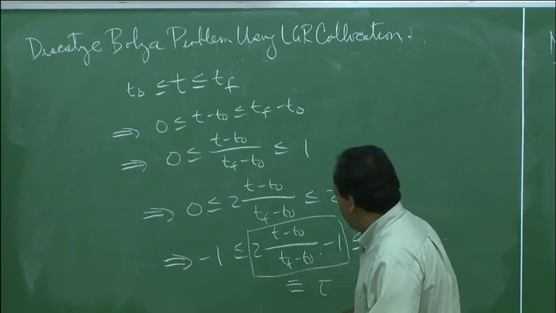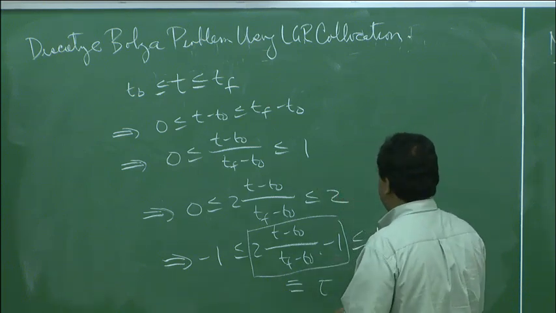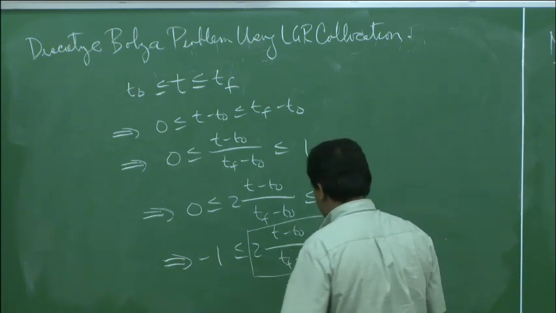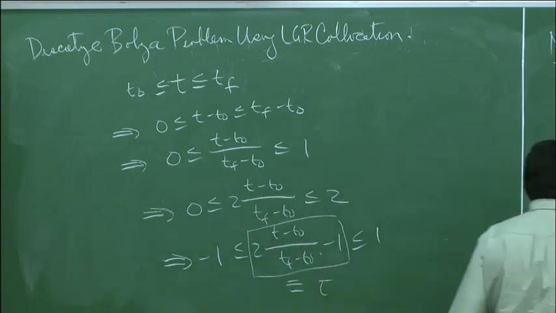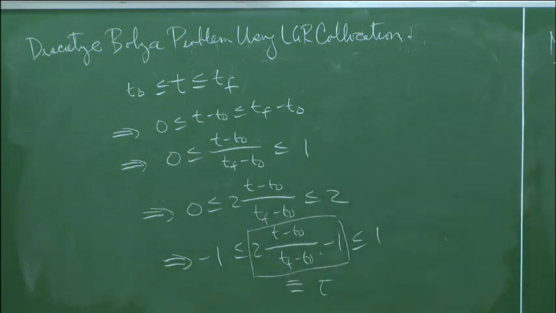Now, if I define that quantity to be tau, then the next step, we'll erase all this stuff, because I can remember all these, it's not really a big deal. Let's look at this now.